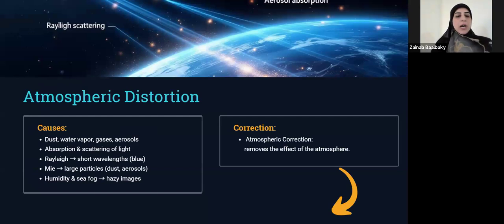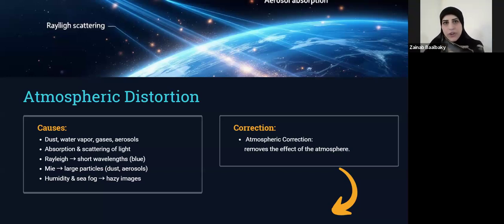When we talk about atmospheric distortions, when we capture satellite imagery, the atmosphere modifies what the sensor records. Dust, aerosols, water vapor, and gases can absorb and scatter light. Rayleigh scattering affects shorter wavelengths like blue, while Mie scattering affects larger particles such as dust and aerosols.